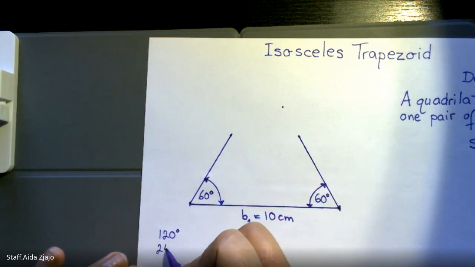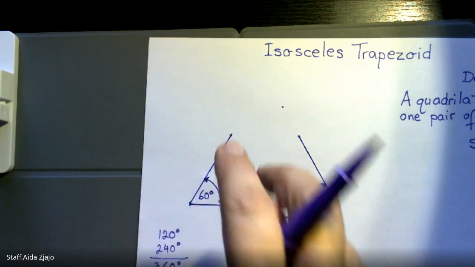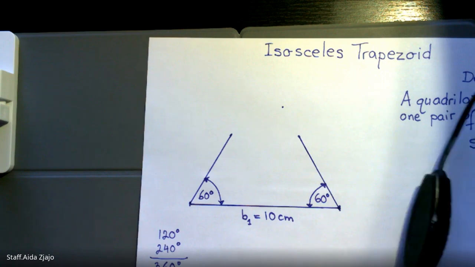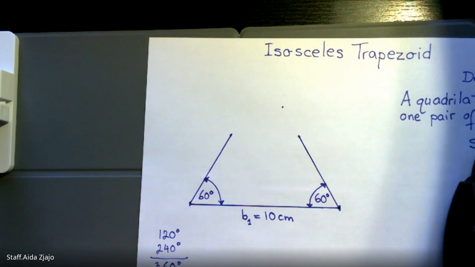So the rest of them need to share 240 degrees. So these two have to share 240 degrees. So that one would be 120 and the other one will be 120.